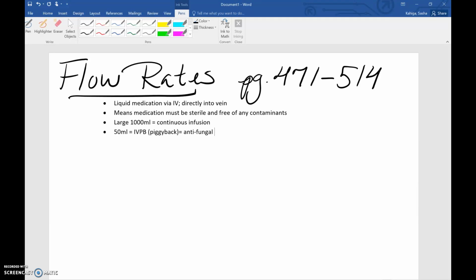As you read on page 471, it talks about the different therapies. They have a maintenance therapy where, again, if you're losing fluids, you need to regain fluids, or you need electrolytes or glucose. That's going to be a maintenance therapy.